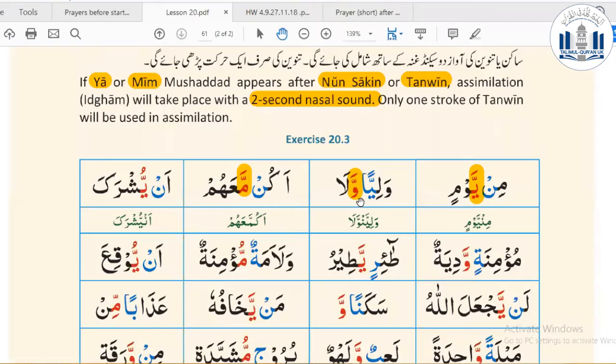Liyawa. Well done. But don't say wa, just liyawa. Liyawa. Much better. And then la. Excellent. Really, really good. MashaAllah.